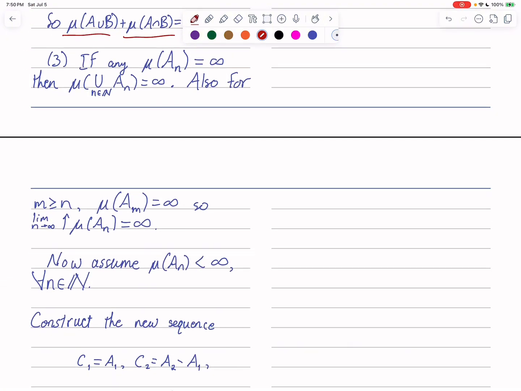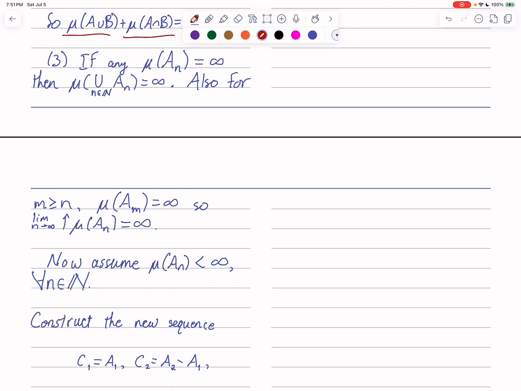Okay, let's move on to continuity from below. And so let's, again, immediately break this up into an infinity case and a finite case. Here we've got this infinite sequence of growing sets. Let's consider the possibility that any one of those sets, even just one of them, has measure equal to infinity.